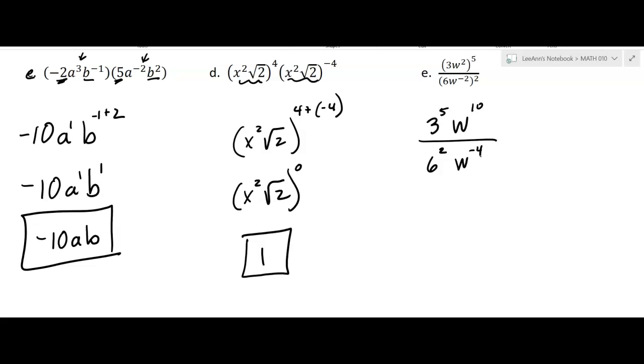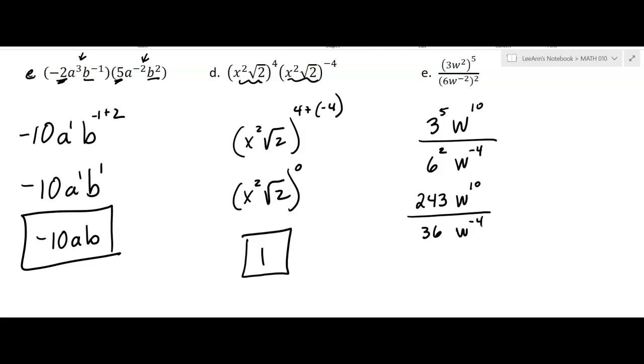Well, I'm not a big fan of having to write out that 3 to the 5th. But probably that's what you'd want to do. I think 3 to the 5th is 243, if I remember right. And 6 squared is 36.